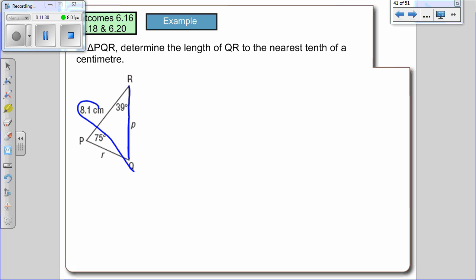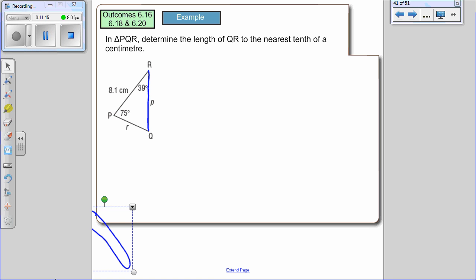So what we have to do is remember our trick that all angles in the triangle add up to be 180. And if we do that, we can figure out that angle Q is equal to 180 minus 75 minus 39, and that'll tell you what your one angle is.